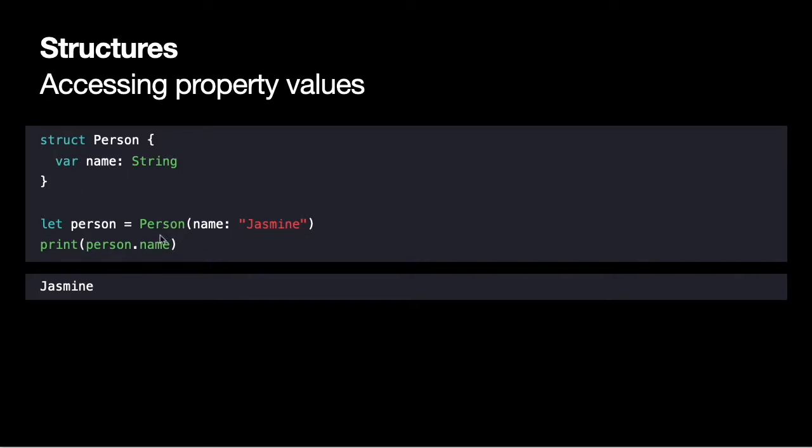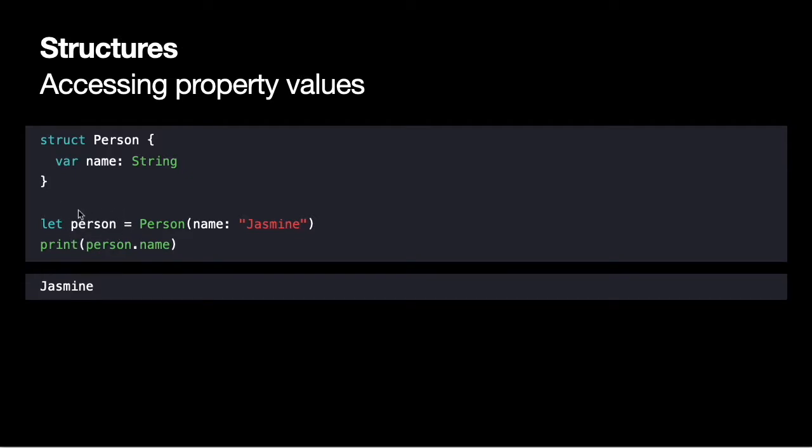In this case, we call the initializer by using the name of the type, Person, with an uppercase, and then the arguments. The first argument is name, and we pass it a string because name is of type String. That creates an instance of the Person, which we put in this lowercase person constant.